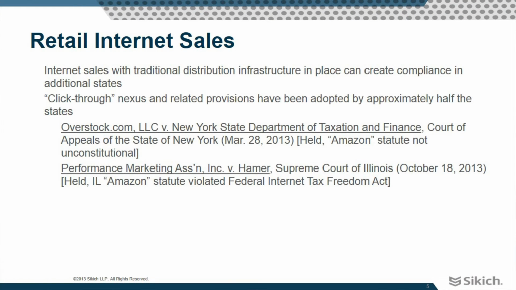A lot of things changed around the 1990s when we saw the rise of the internet. Many companies had a traditional distribution sales infrastructure, if you would, using salesmen, contracted manufacturers' reps, distributors, what have you, and often had sales nexus all around the country, often in multiple states.